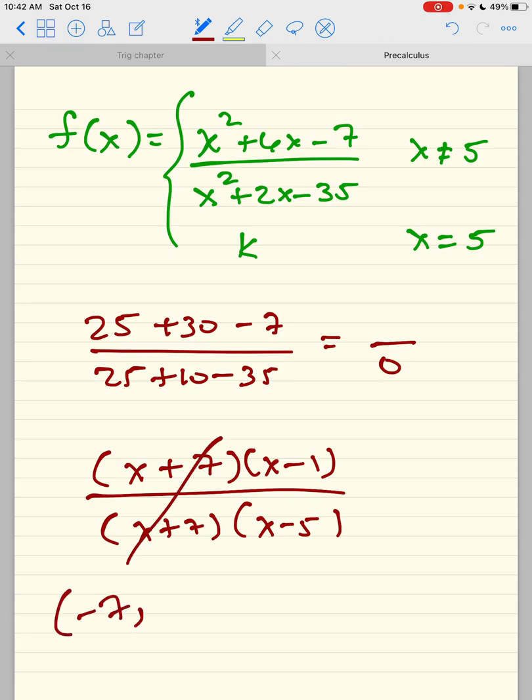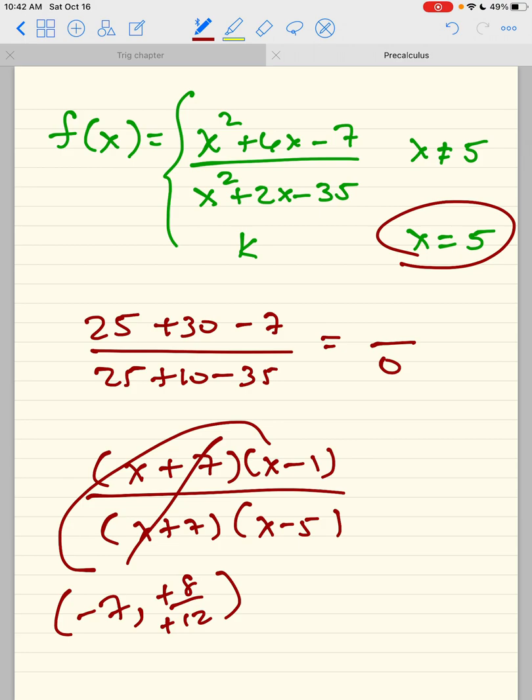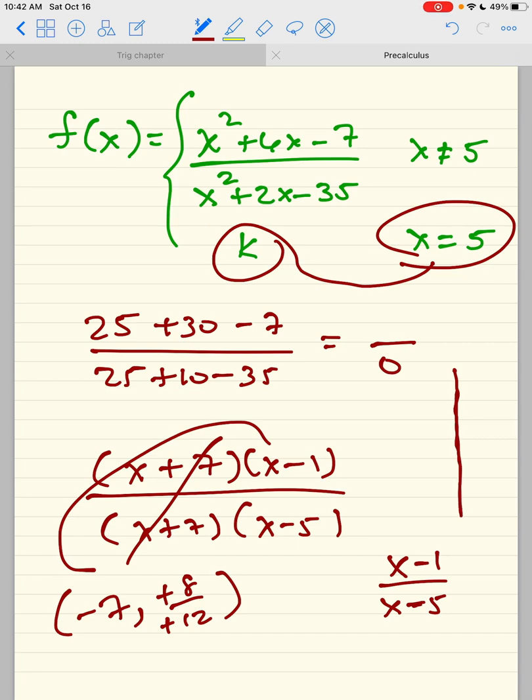There's a hole at -7 comma -8 over -12. Reduce that, it becomes 4/3. Okay, or what happens, x equals 5 could never, ever, ever be fixed. Why? Because a vertical asymptote is a full-blown line, a full line just like this, and it will never, ever work. So there's no value for k.